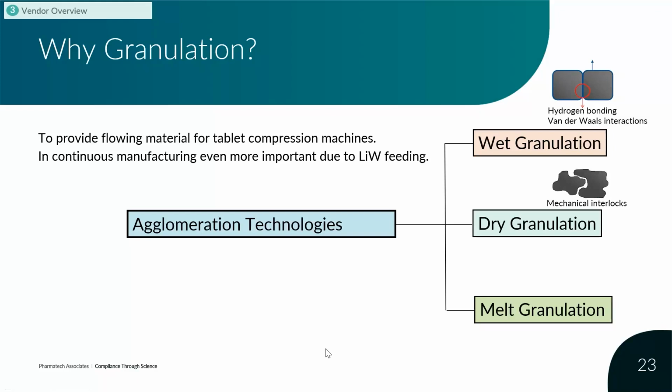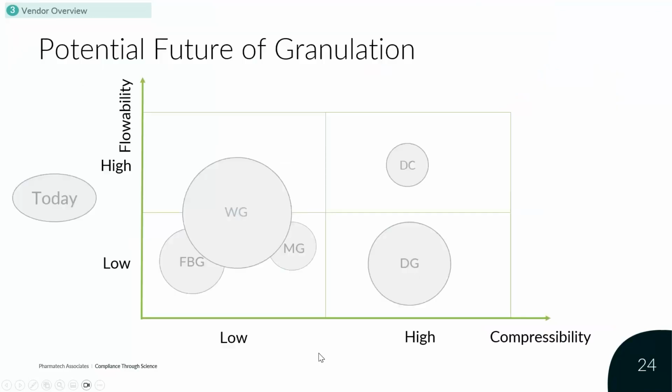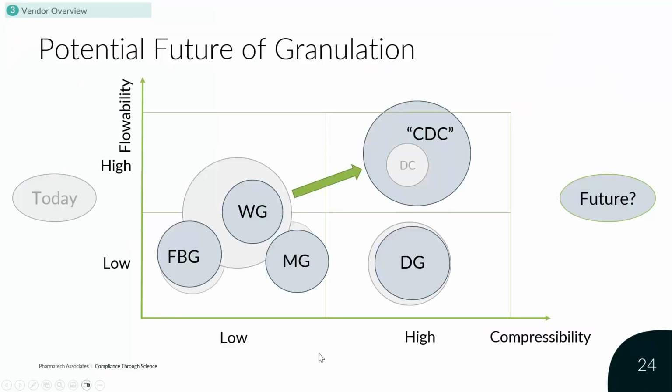A big part of the installations you see have dry granulation operations integrated, and melt granulation is also very popular if you look at installed continuous manufacturing rigs. There was the expectation that continuous direct compression will take over much more market space in the future at the cost of these granulation technologies.